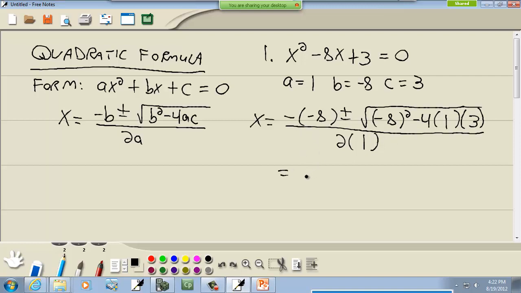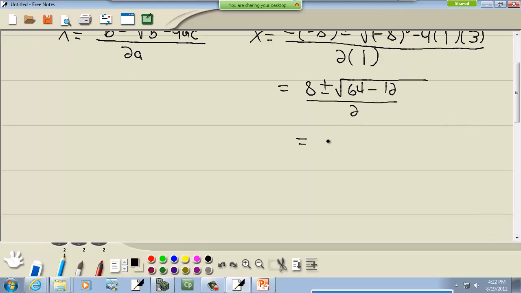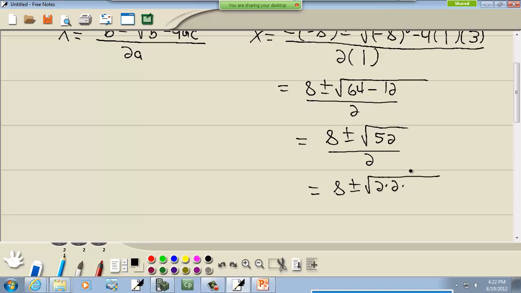Well, negative negative gives us a positive 8, plus or minus. Negative 8 squared is 64 minus 4 times 1 times 3 is 12, over 2. Which gives us 8 plus or minus 64 minus 12 gives us 52, over 2. 52 is 2 times 2 times 13, I believe.